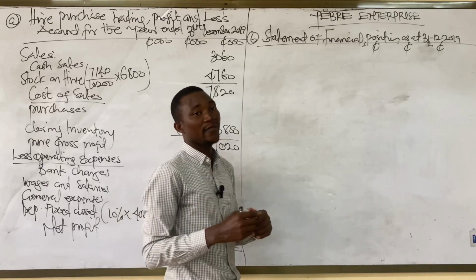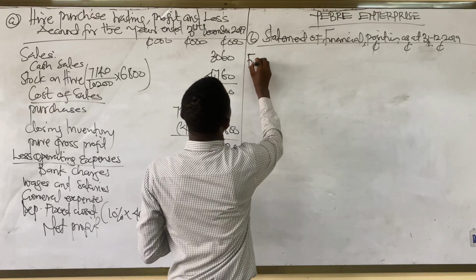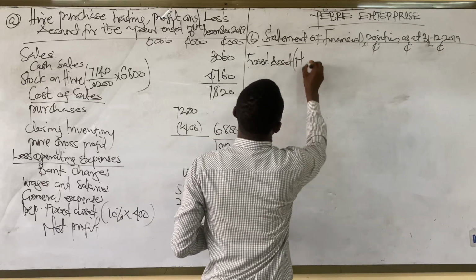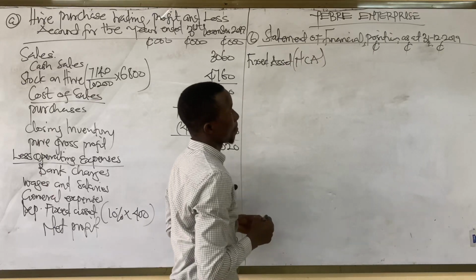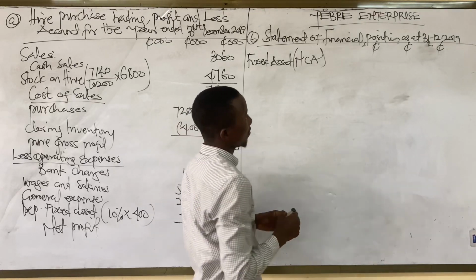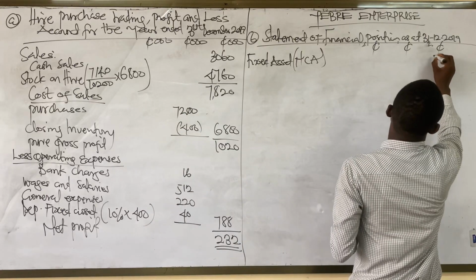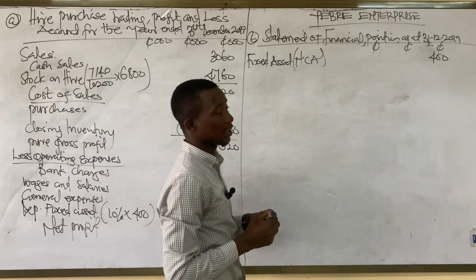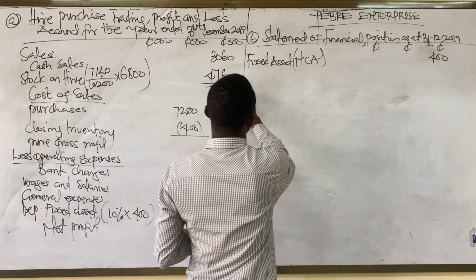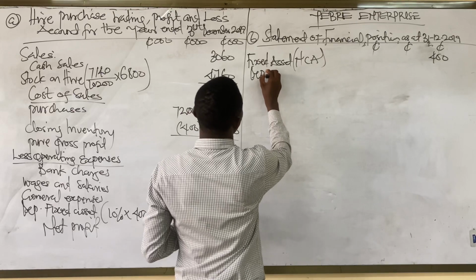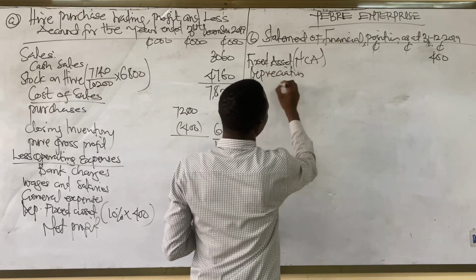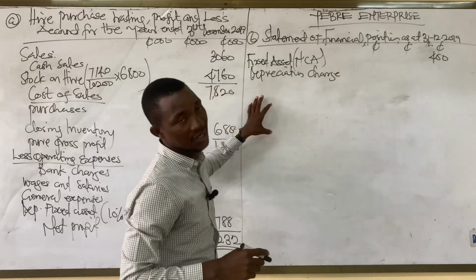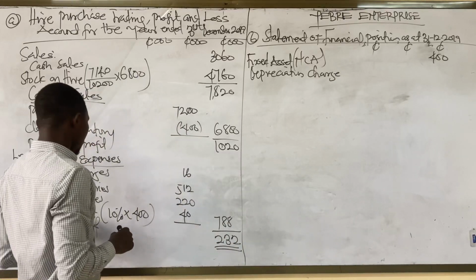Okay, so we begin with the fixed assets, that is the non-current assets. And from the question, it is an amount of 400. That is 400. And we depreciate these fixed assets at 10%. So the depreciation charge, because we don't have any accumulated depreciation, we have only the annual depreciation charge for the period.